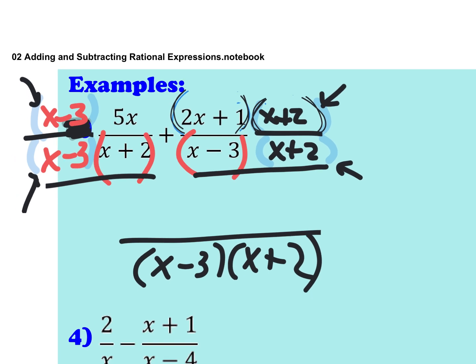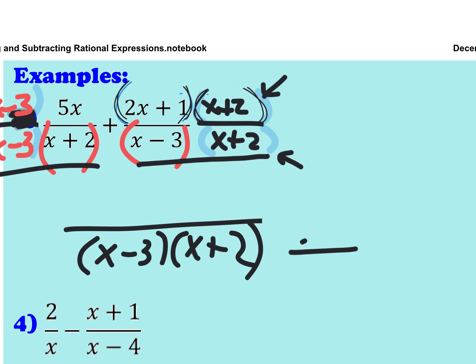All right, now simplify that down as much as you can. Remember, the denominator looks like this. You don't want to multiply it out. Otherwise, you'd have to refactor it again.